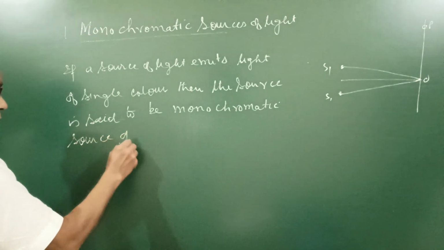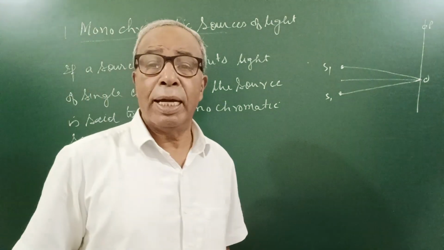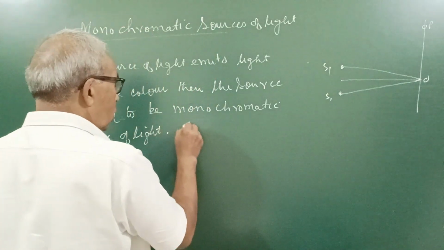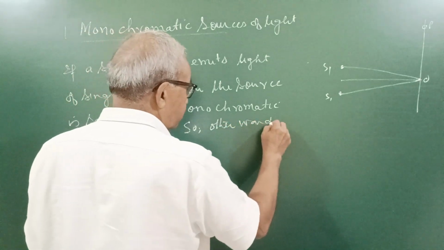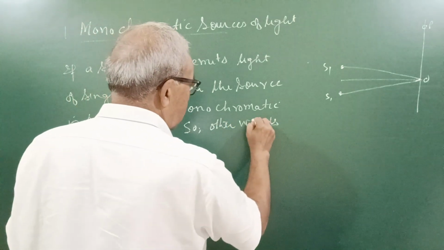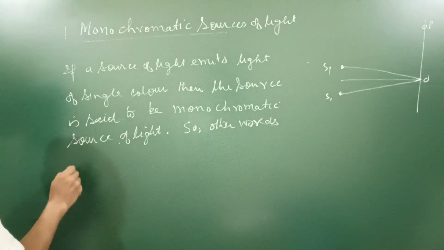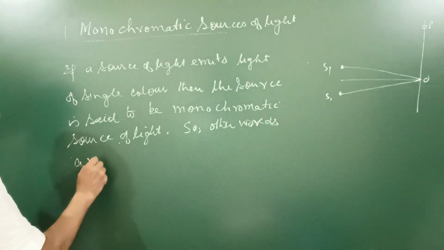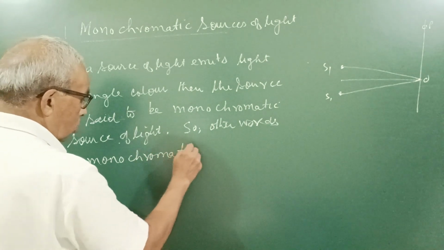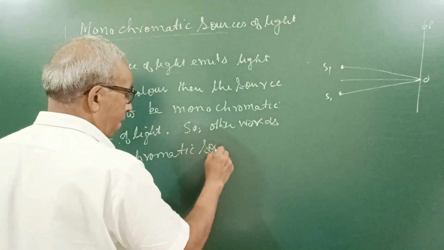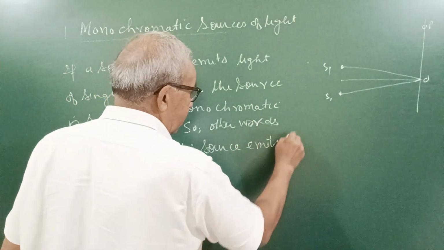First of all, you must know this thing. Every color has its own wavelength and its own frequency. So, in other words, a monochromatic source emits light.